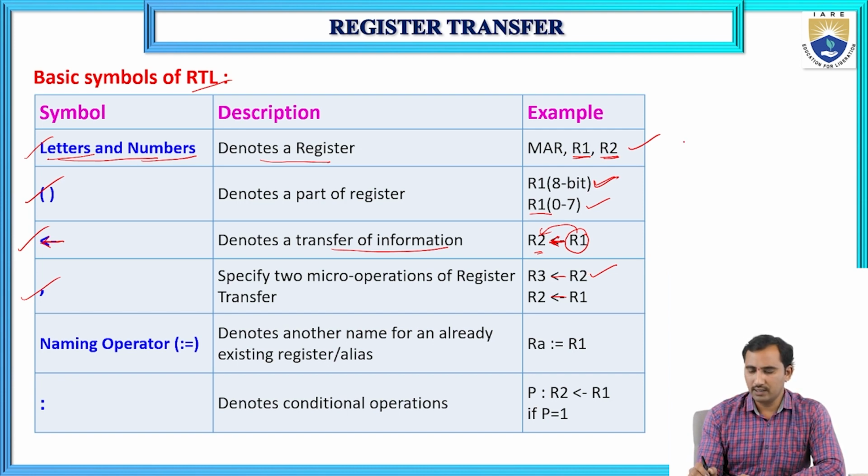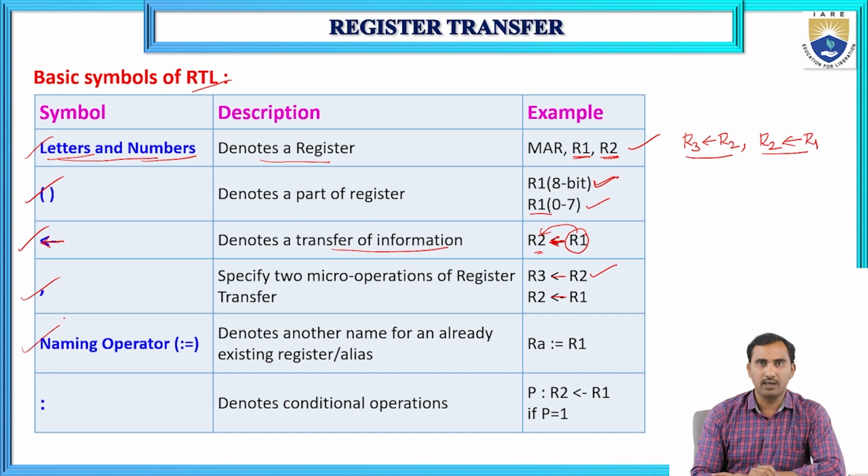So we can write R3 arrow R2, comma, R2 arrow R1. In this way we can separate two register transfer operations.